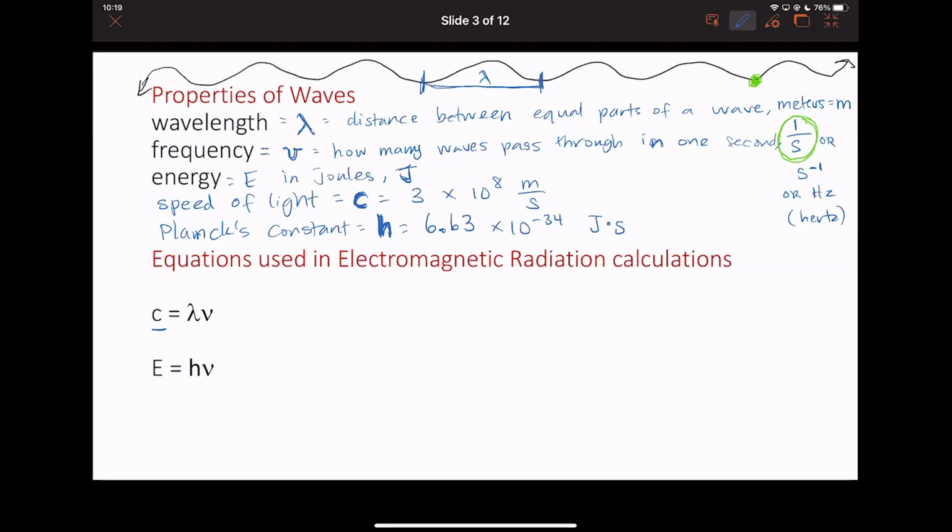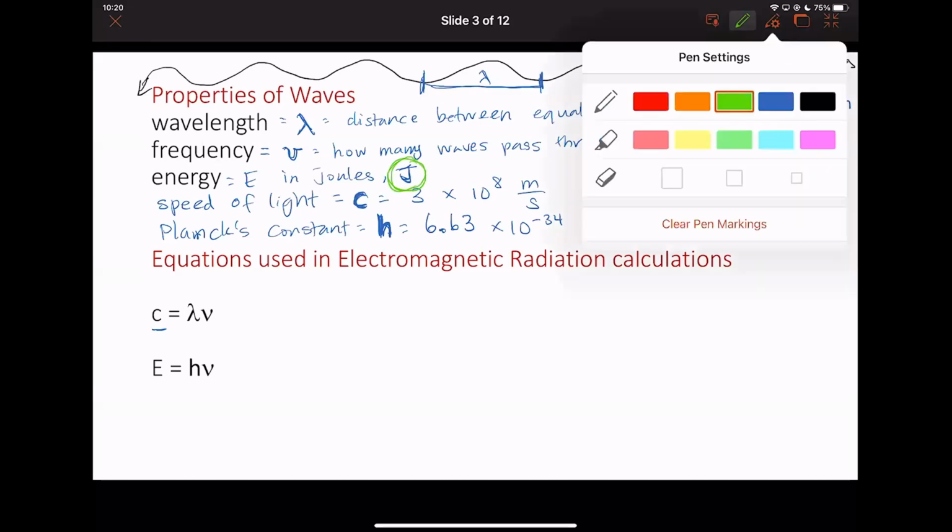They're the units of energy that we use in calculations for electromagnetic radiation, just like this is the preferred unit for frequency, though you'll see it as s to the minus 1 or hertz. Joules are the units for energy that are calculated using this equation down here.